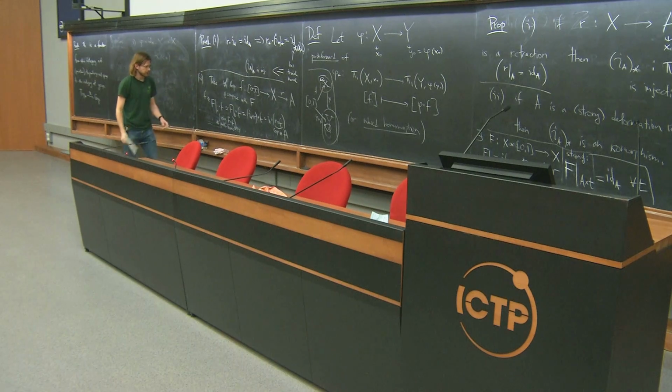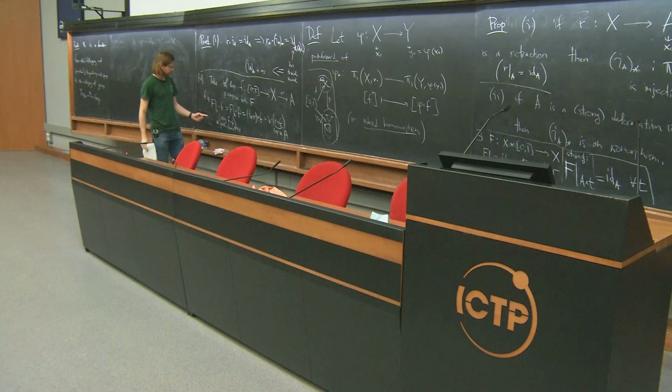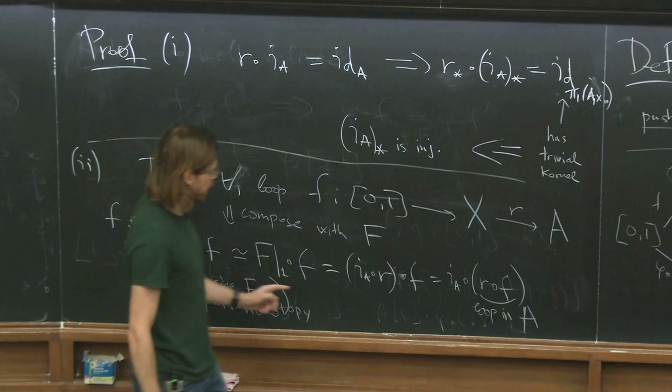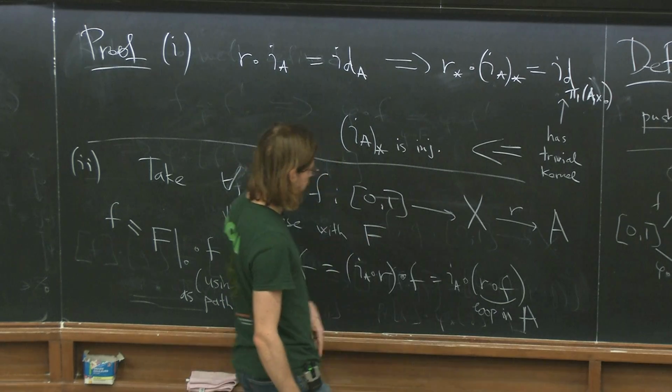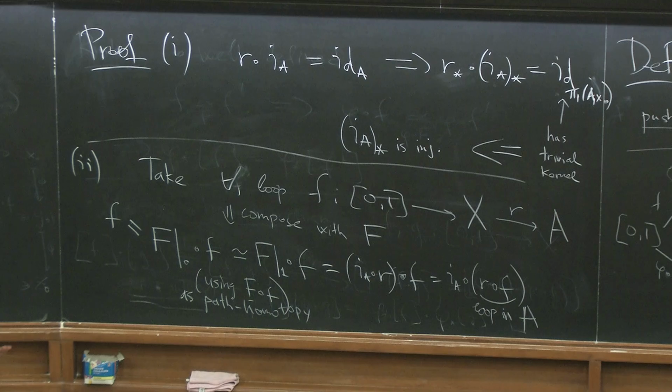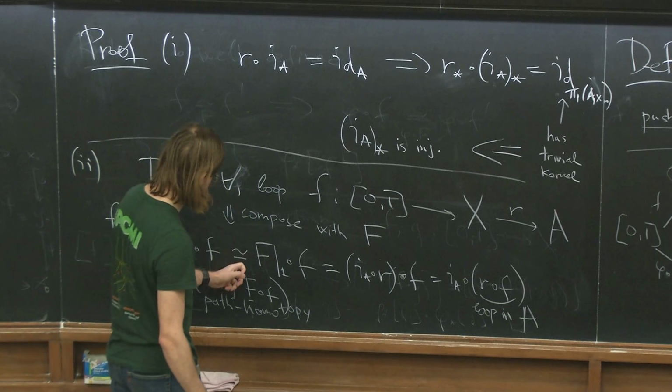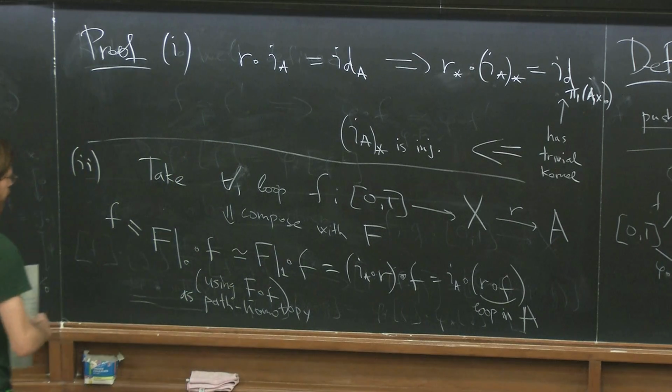Now we have a path homotopy relation between a pair of paths, which are actually loops in X, and we consider the corresponding classes; for classes this equivalence just becomes equality.